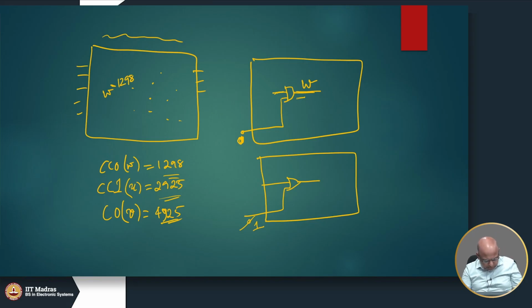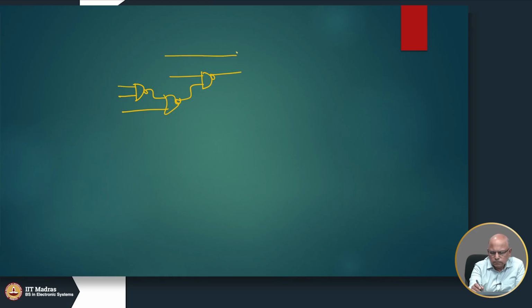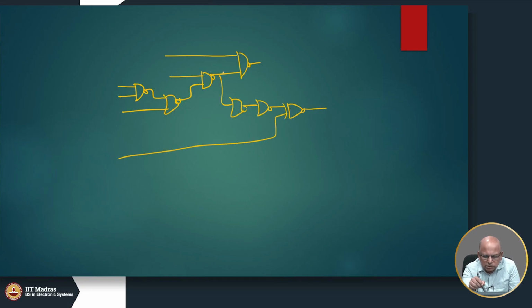So, let me illustrate this a little bit. Suppose I had some circuit, a complex circuit like this, okay, and we are finding that it is very difficult to control this line to 0, and because of which our ATPG algorithms take a long time, because they try to make it 0, but the PODEM algorithm will try to make this 0 by back propagating, and it is taking too long.